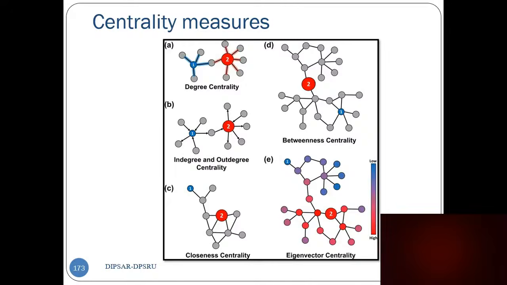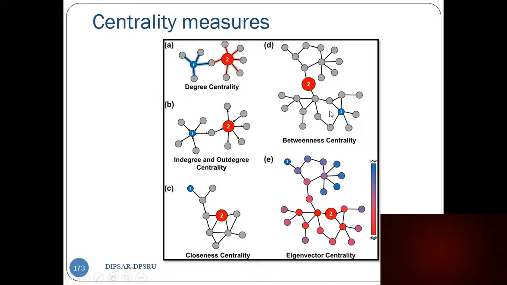Can anyone answer in the chat box? The second node in the second graph, highlighted in red, what is its degree? Two. Tanisha is also saying two. You are also right.